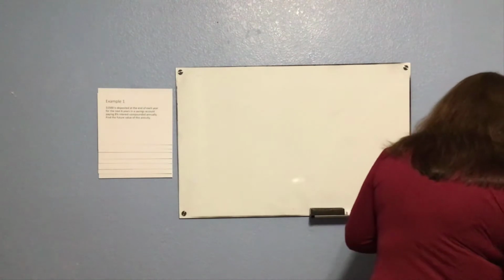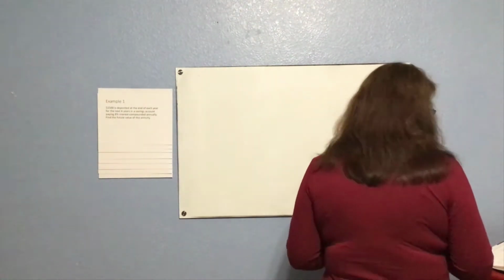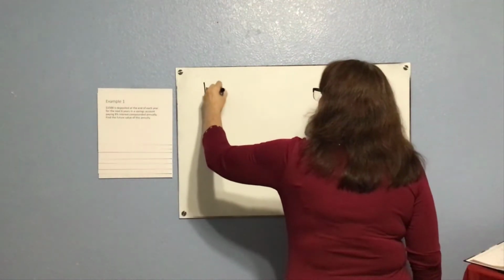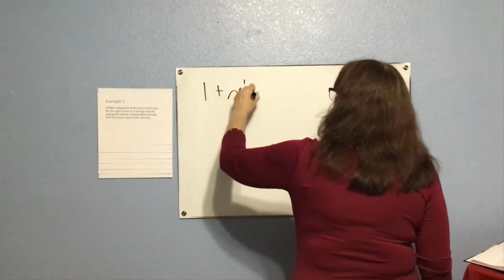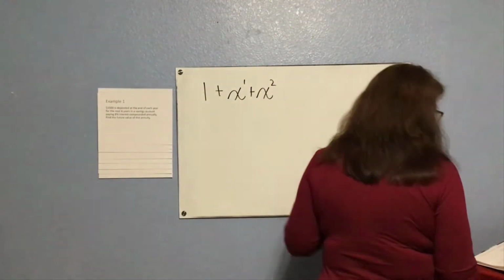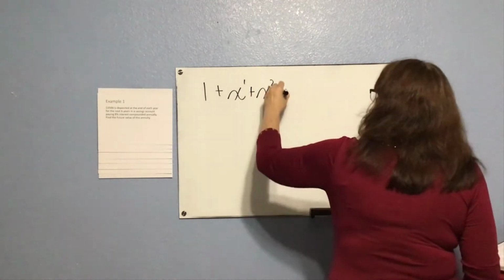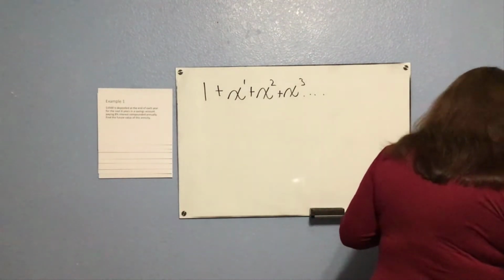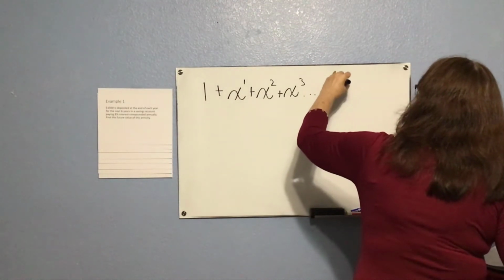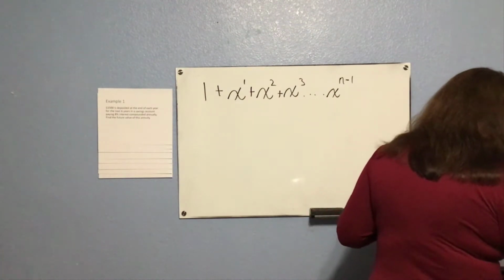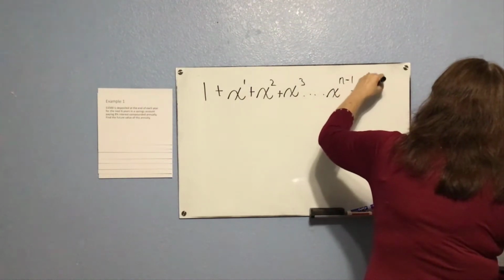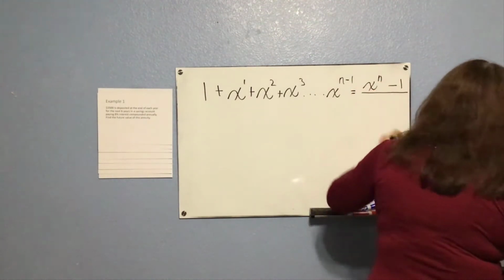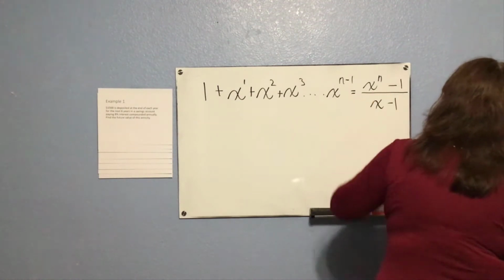Okay, here's our first formula. It says if x is a real number and n is a positive integer, then 1 plus x to the first plus x squared plus x cubed and so on up to x to the n minus 1 is equal to x to the n minus 1 over x minus 1.